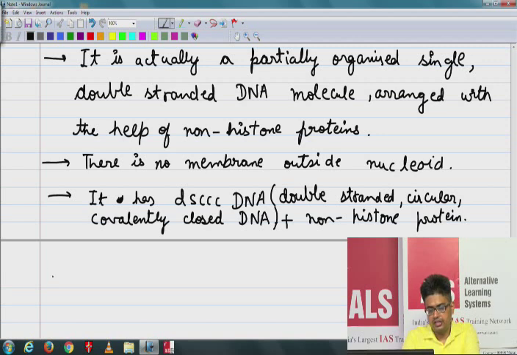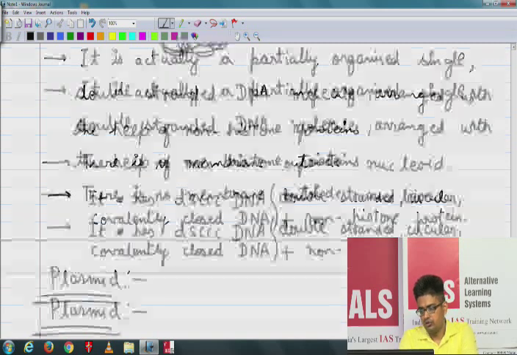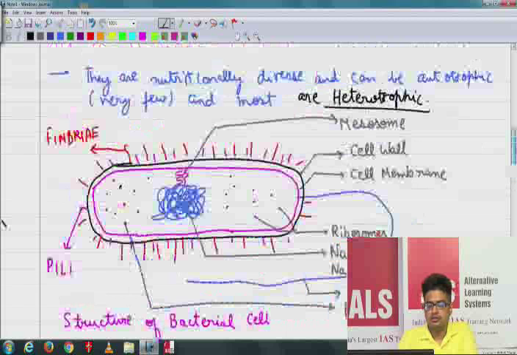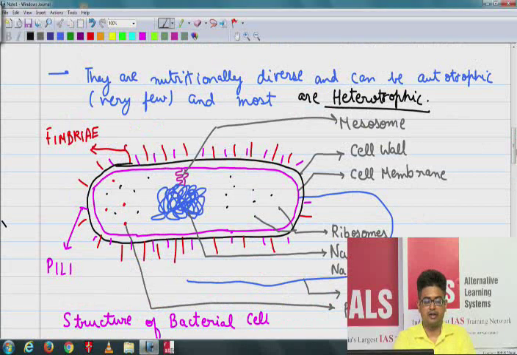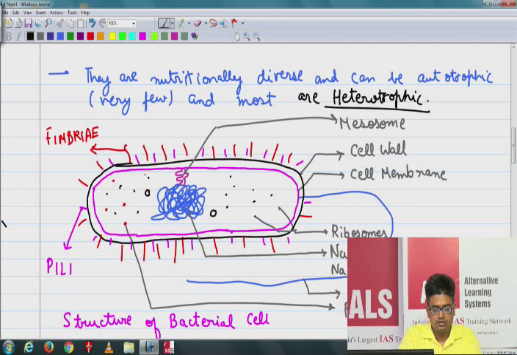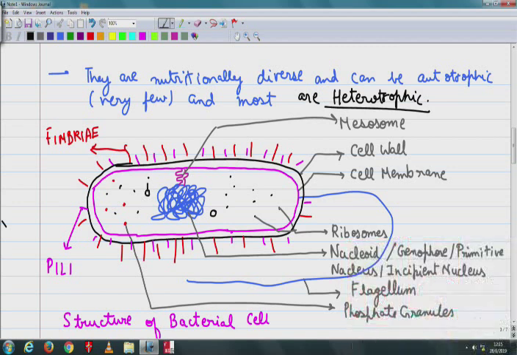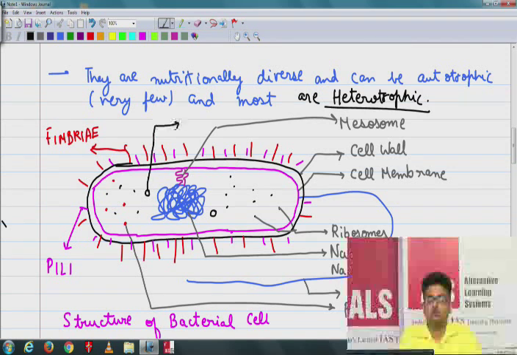Now there is another thing. You will find a lot of questions on this. It is called plasmid. If you see the diagram of the bacterial cell, we cannot see it very clearly, but the thing which is present here is called the plasmid. These are extra chromosomal segments.